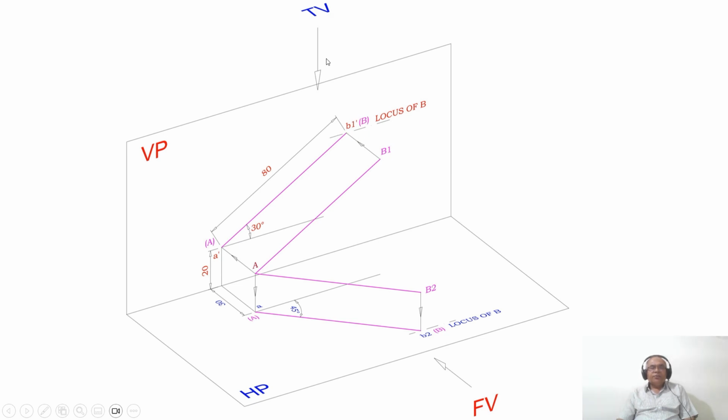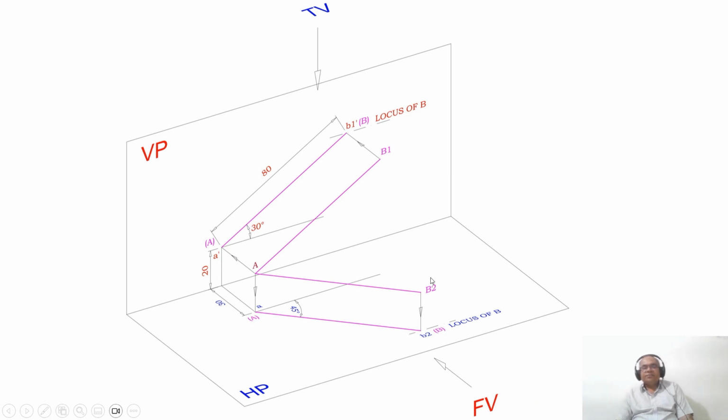Similarly, when you look from the top view, the two endpoints of the line are at equal distance from the vertical plane. So it is parallel to VP, and since it is parallel to VP, you are getting the true length. Now, when you look from the top view, the distance in front of VP is seen in HP, so that is 30. So you are getting this point, and that image will fall here. And the true length in HP means what?